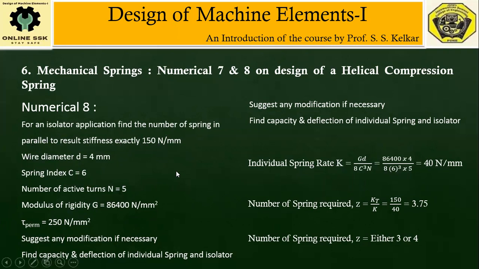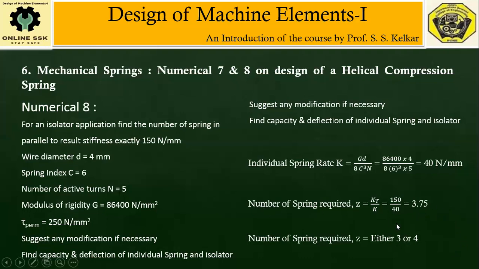So each of the springs has spring rate or spring stiffness of 40 Newton per millimeter. Such Z number of springs are there. Therefore, resultant or effective stiffness will be equal to Zk. Effective or total stiffness Kt will be equal to Zk. Total stiffness is 150. K is individual stiffness, that is equal to 40. So number of springs required will be equal to 3.75.